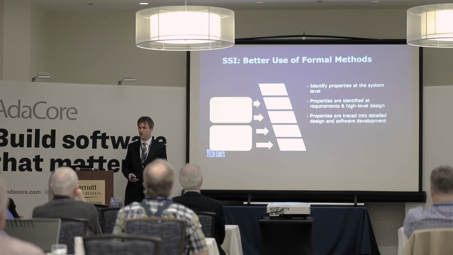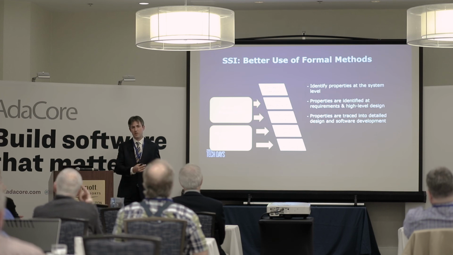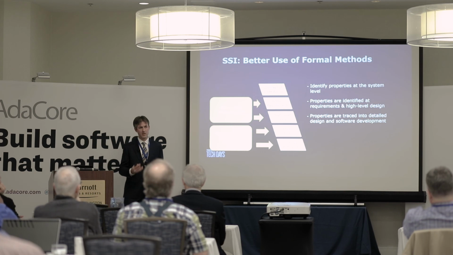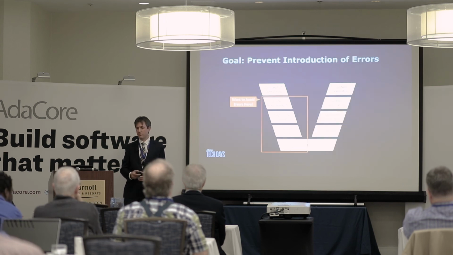So what we want to do with SSI is provide a means to capture these requirements, these critical properties, higher in the development cycle, and then carry them down through the stages of development until we reach the point at which they can be expressed in a language like Spark. So SSI allows us to make better use of formal methods. That's the first thing.